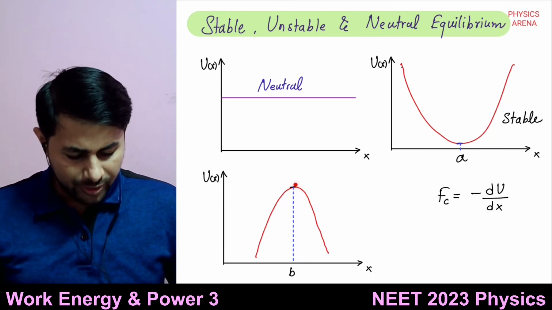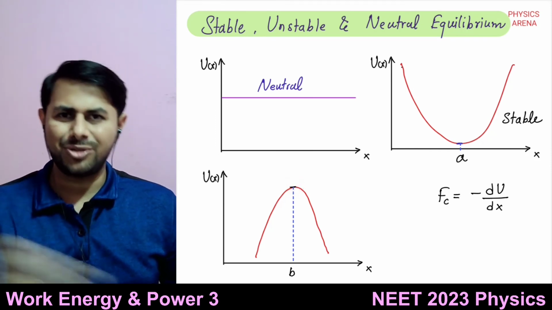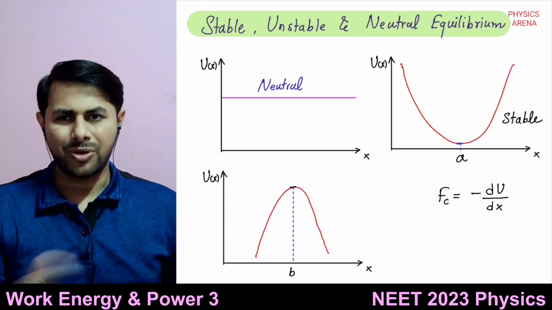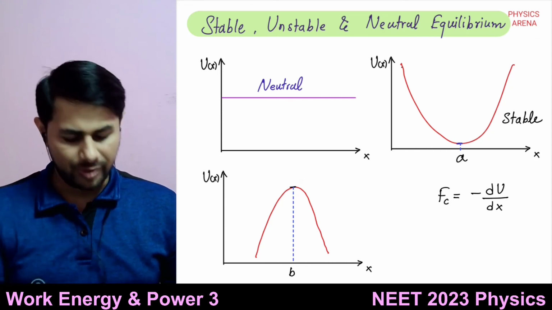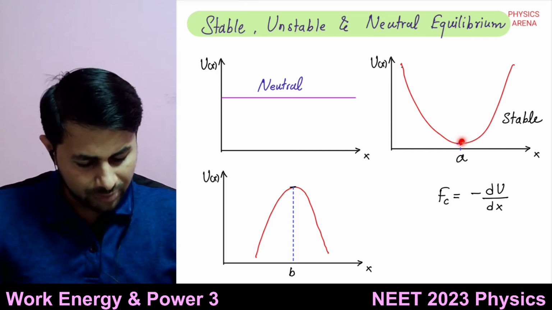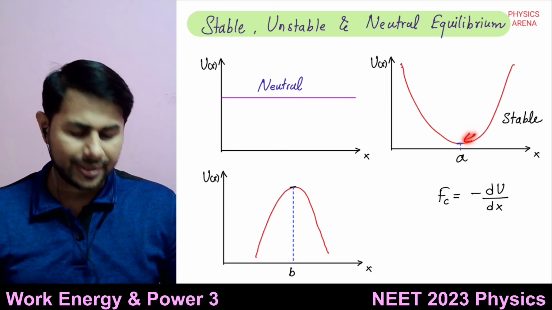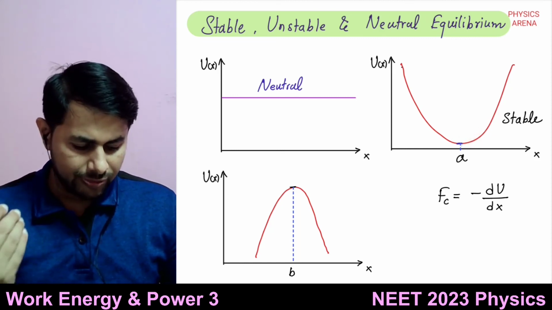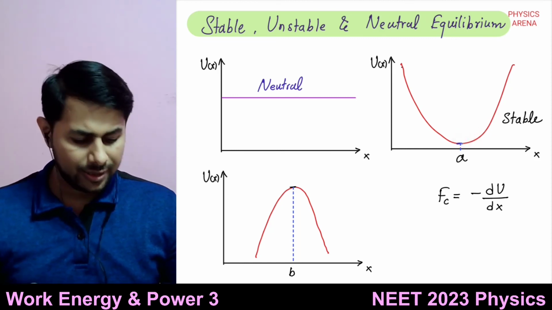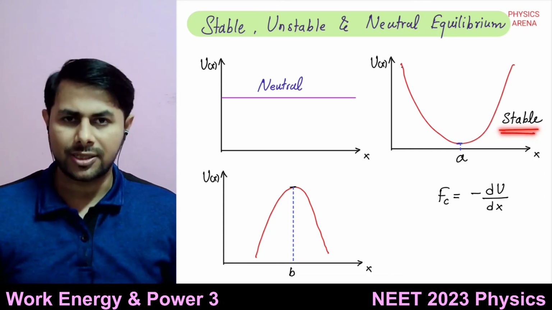Why? Because you displaced that object a little bit, and there is repulsive force acting on it. It will be pushed away from that point. It will not stay at that point. If you displace the object from the stable point a little bit, there will be attractive force acting on it, which will restore the object at this point. So that's why we call this stable equilibrium.